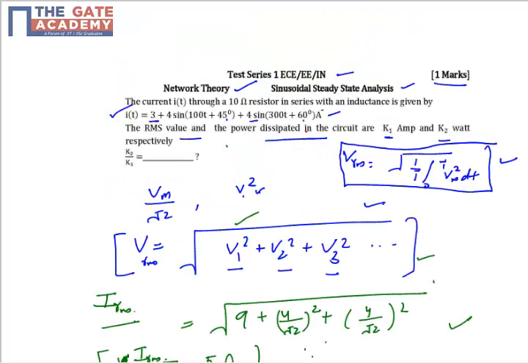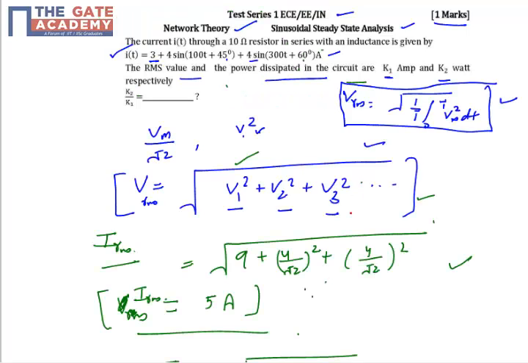So we have calculated the IRMS value. Second is to calculate the power dissipated in the circuit. The IRMS is defined as K1, so K1 is 5 ampere, and K2 is the power dissipation. You know that in a circuit the power dissipation only occurs across a resistor, and in the circuit we have a 10 ohm resistor.